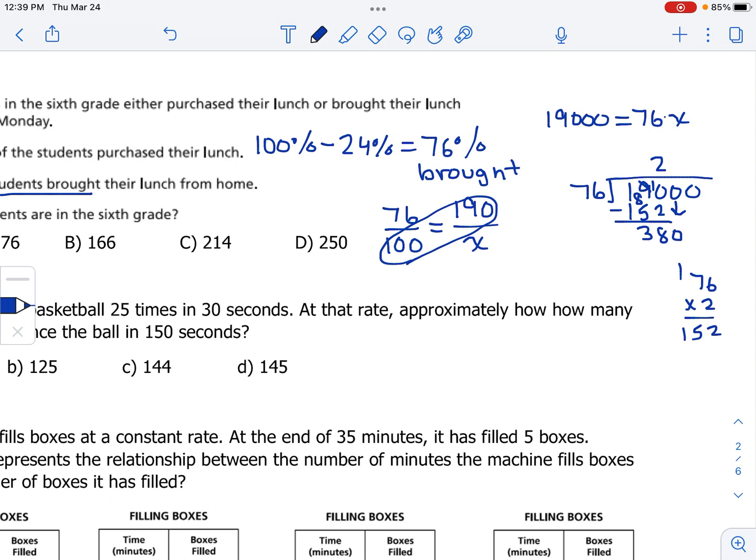I know 80 times 5 is 400, which is really close to 380. So I'm going to try 76 times 5. And let's see what that gets us. And that's exactly 380. Right? And I know 76 can't go into this last 0 here, so I'm going to bring a 0 up. So that means there's a total of 250 students in the 6th grade.